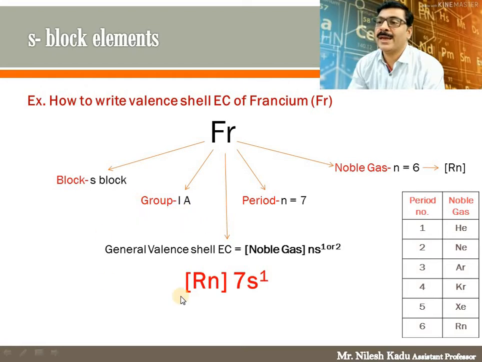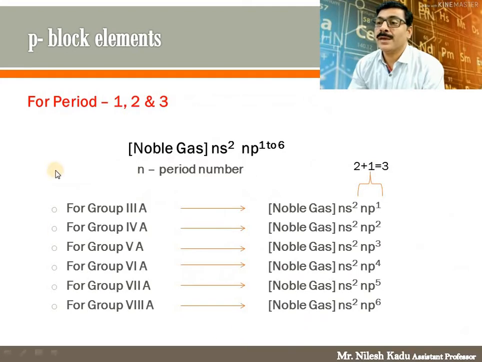In this way the valence shell electronic configuration of francium is [Rn] 7s1.